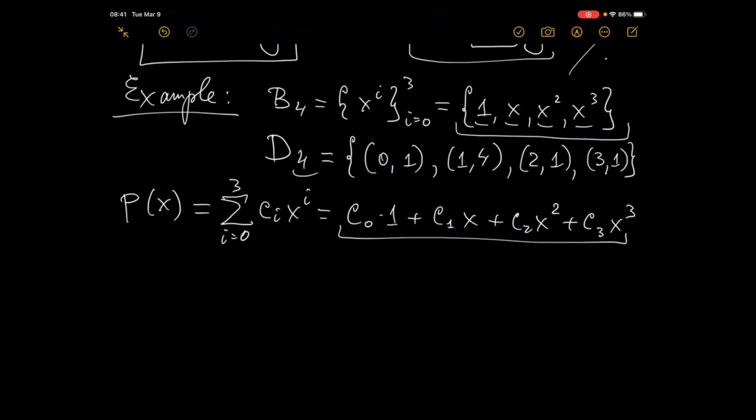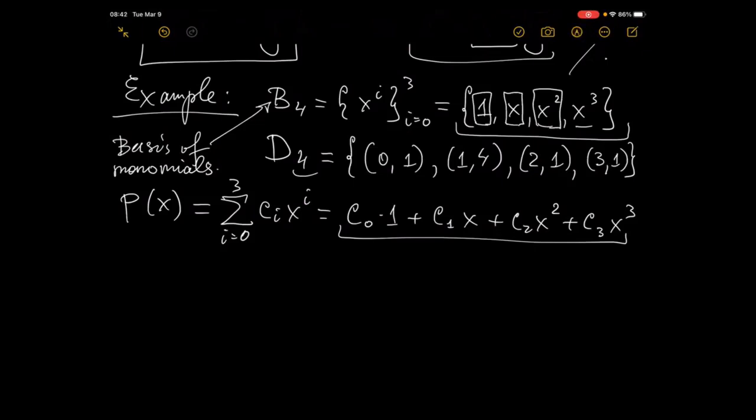So these 1, x, x squared, x cubed form a basis, the so-called basis of monomials. By monomial, we call the simplest polynomial of the given degree. The simplest polynomial of degree 0 is just the constant 1.